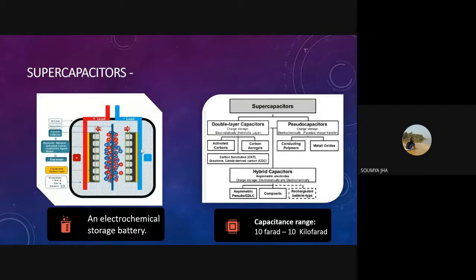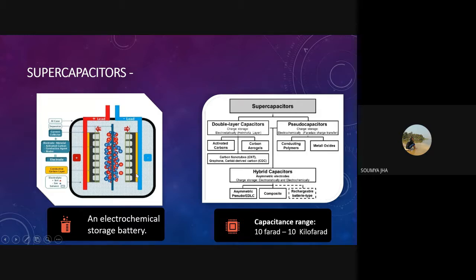While charging and discharging, what happens? Positive and negative sources develop. So to separate these positive and negative sources, generally a separator is used.